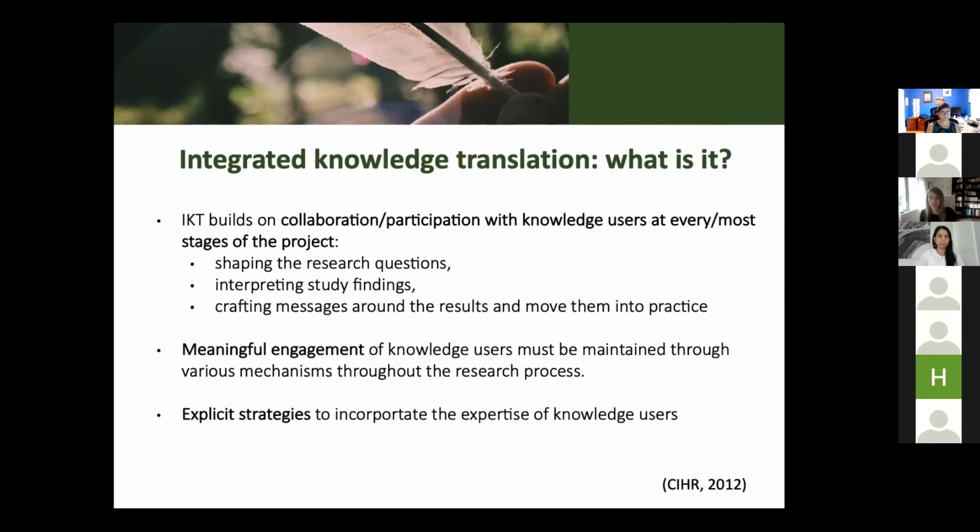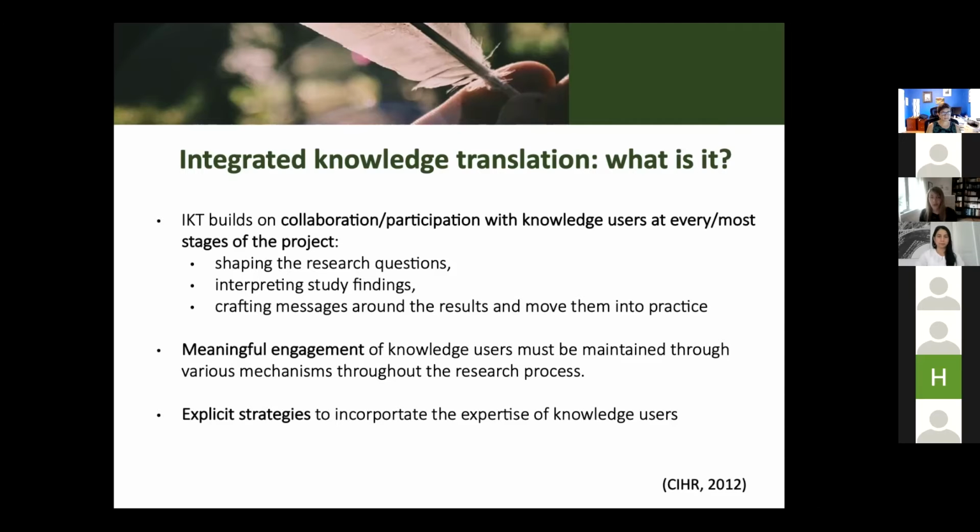And in some situations, this partnership is also extended so that knowledge users also take part in deciding the research methodology, the tools development, and the data collection methods and strategies.